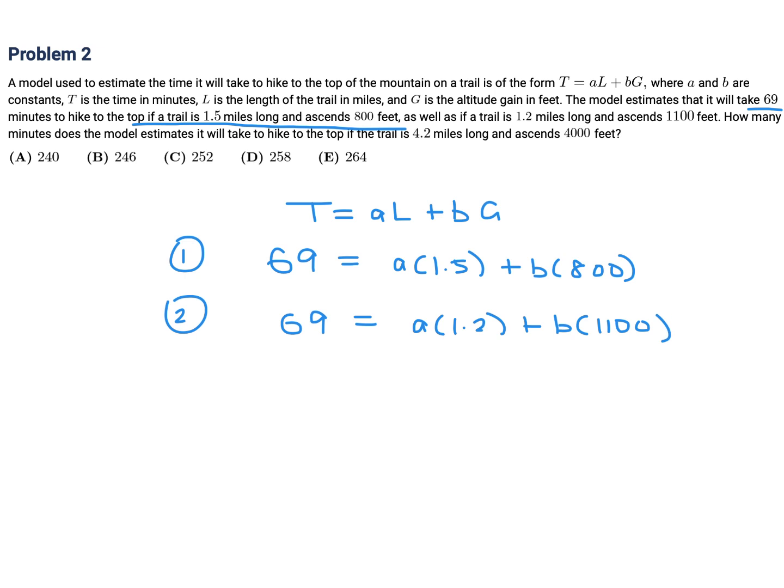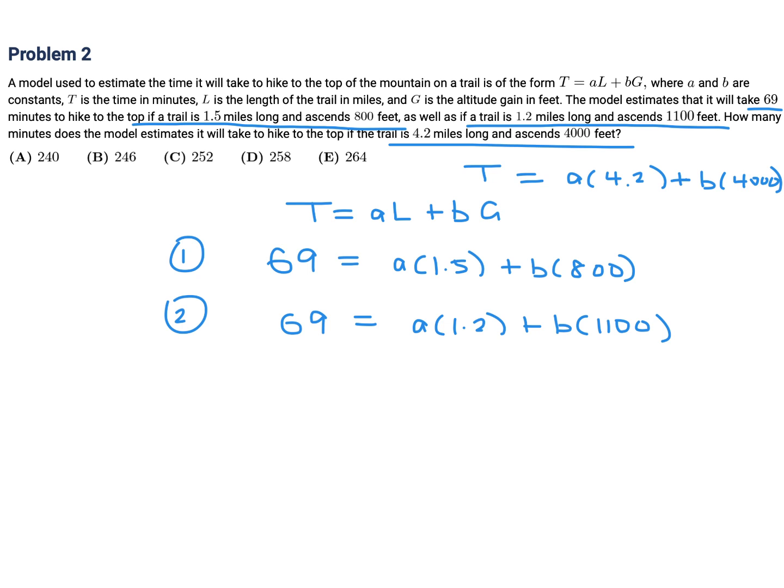Okay, so we have two equations and two variables, so we should be able to solve this. At the end we would figure out T equals A times 4.2 plus B times 4,000. So obviously we need to figure out A and B.